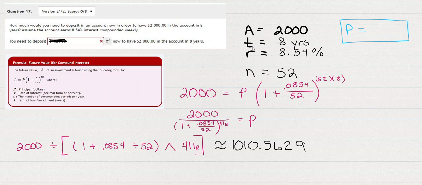In 8 years, so time is 8 years, assume that the account earns 8.54% interest, compounded weekly. If something happens weekly, then n, the number of times that occurs in a year, is going to be 52, because we have 52 weeks in a year.